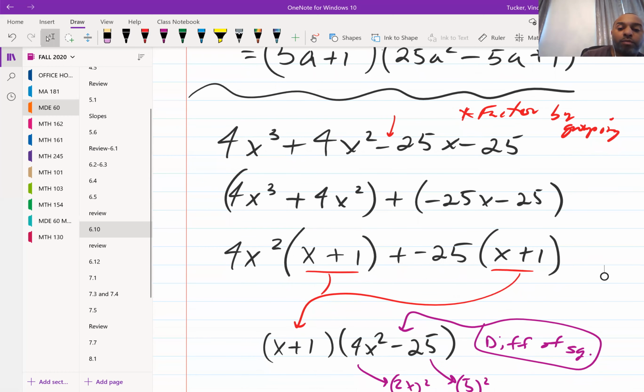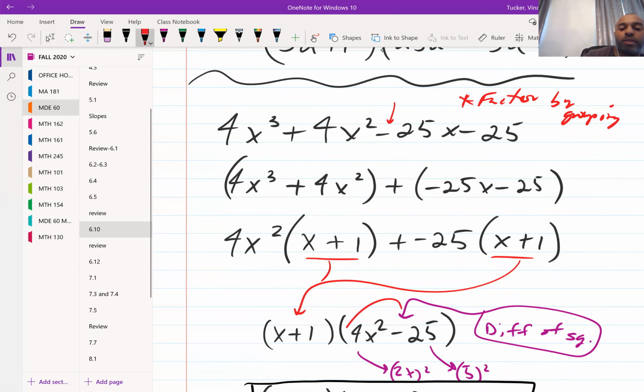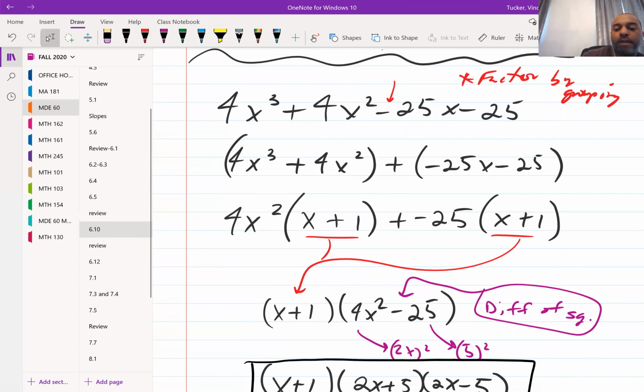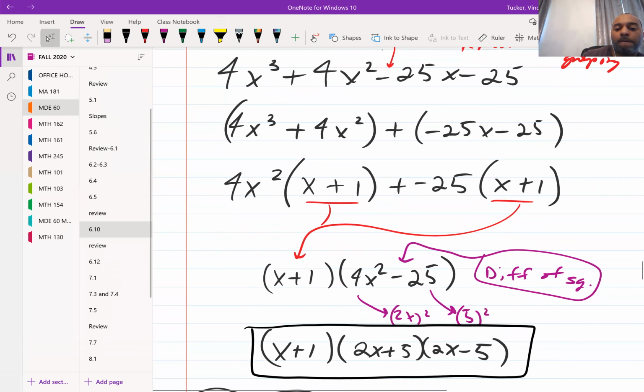And you always want to factor completely, and we see that second set of parentheses is a difference of squares. 4x squared is 2x squared, and 25 is 5 squared. So that breaks down to 2x plus 5, 2x minus 5.